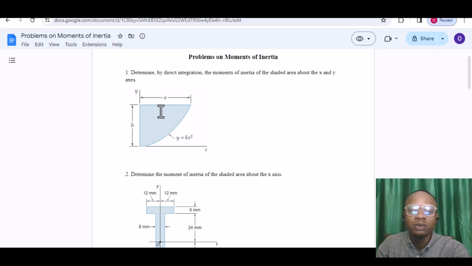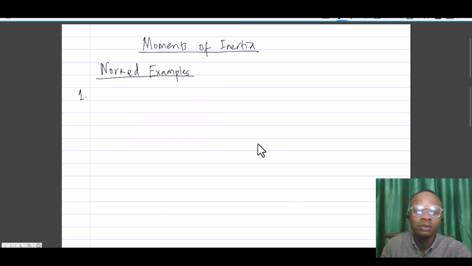So we will reproduce this shape first so we know what we're working with. Let's open our notebook. Just putting the solution here directly, the shape is like this, and then we have a horizontal line here.